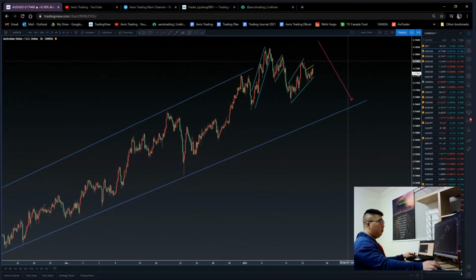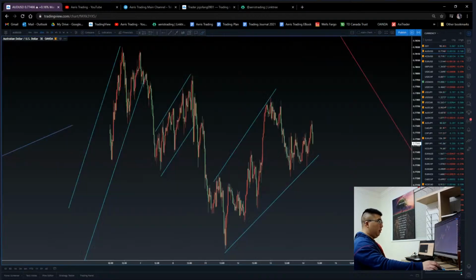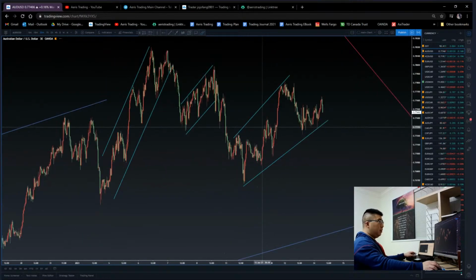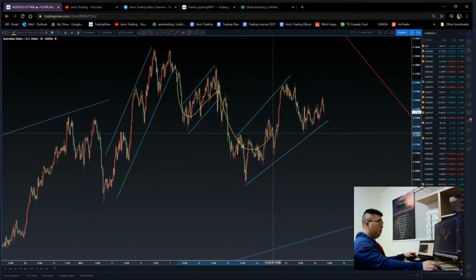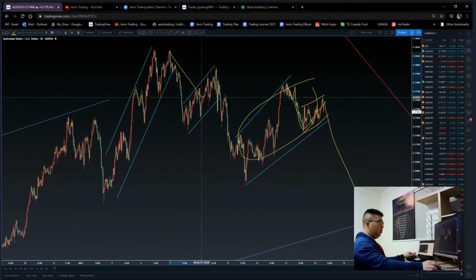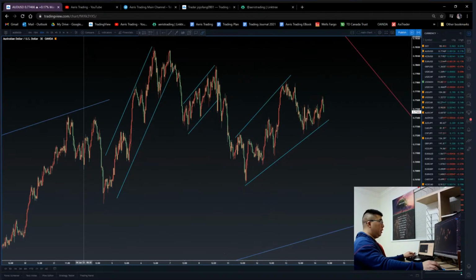So that's what I'm looking at for now on Aussie dollar. I'm not convinced, like I said, by this as a potential inverse head and shoulder. Right now I'm seeing this as a shoulder, this as an impulse, this as a correction. We can easily break out of this correction, making it complete to correct this overall move here. Right? So that is Aussie dollar.